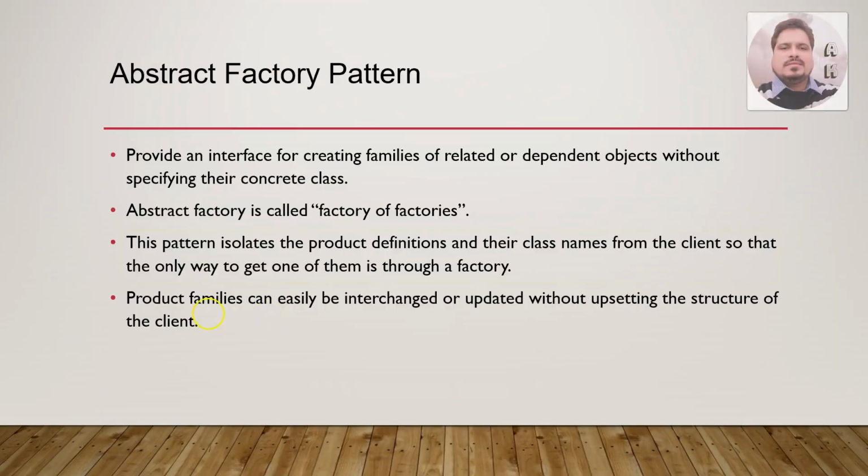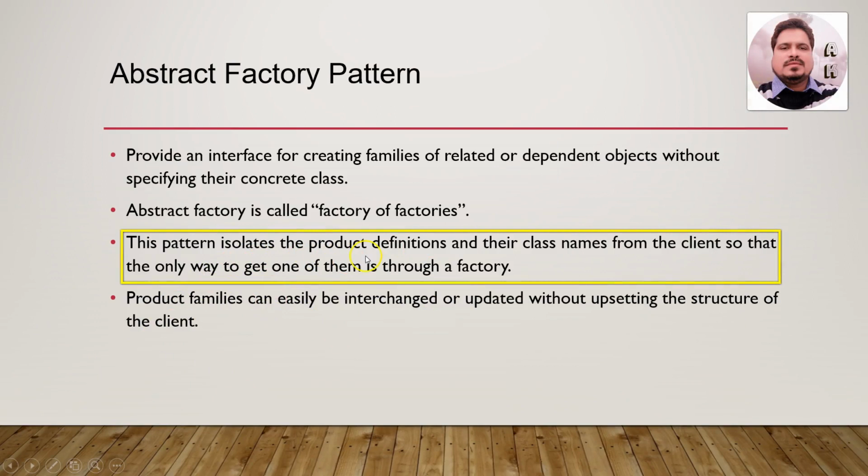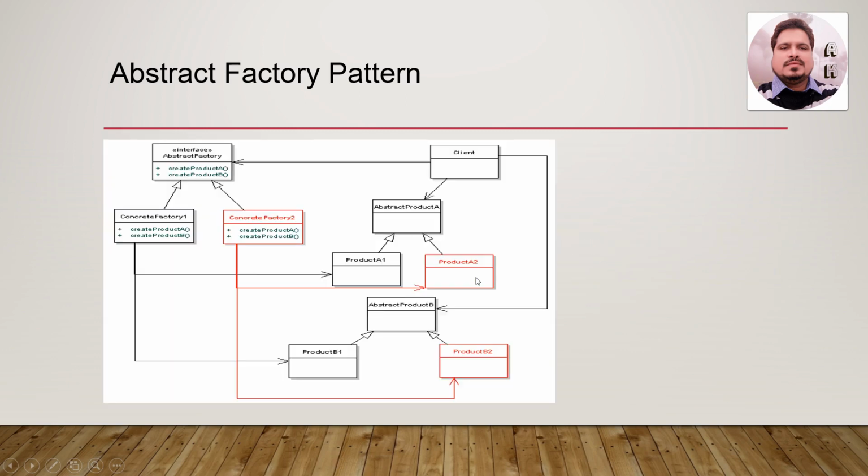Let's come to the third point. This pattern isolates the product definitions and their class names from the client, so the only way to get one of them is through the factory. Here the client does not have any idea about the concrete definitions of product A1, A2, B1 or B2. The client has information about abstract product A and abstract product B, and also about the abstract factory.